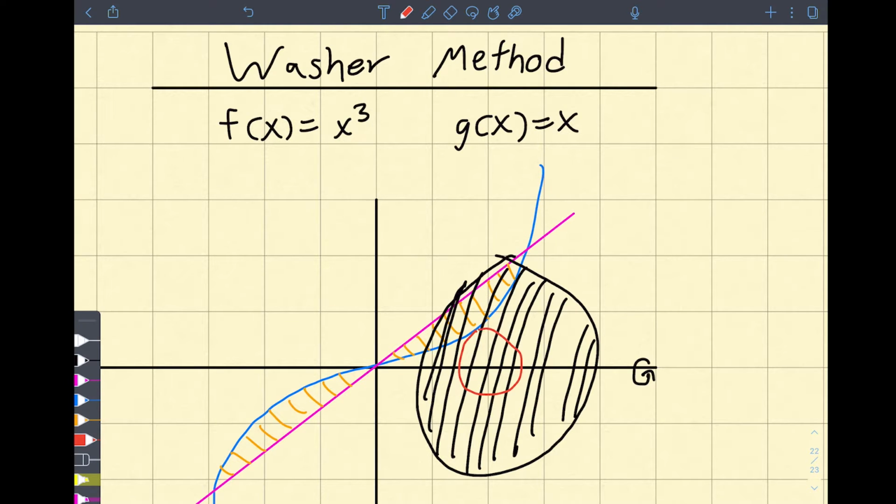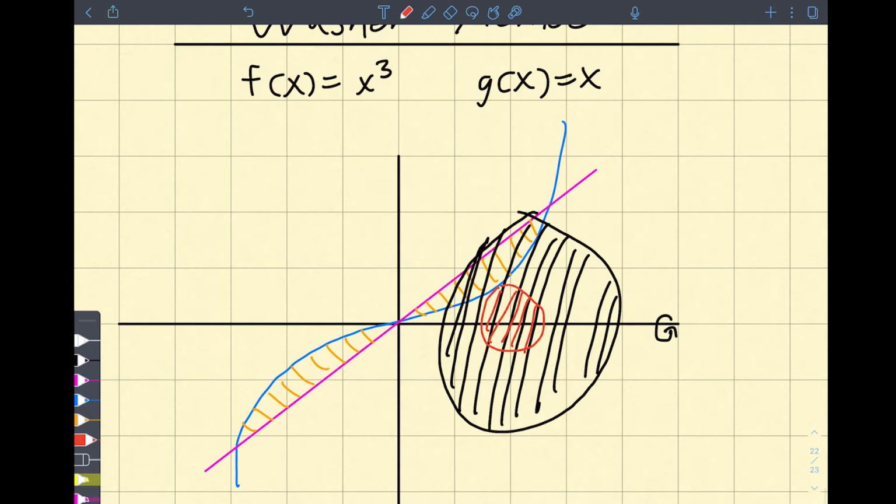And then the washer method makes another circle for this blue region, where this blue region will cut into the pink circle's area.